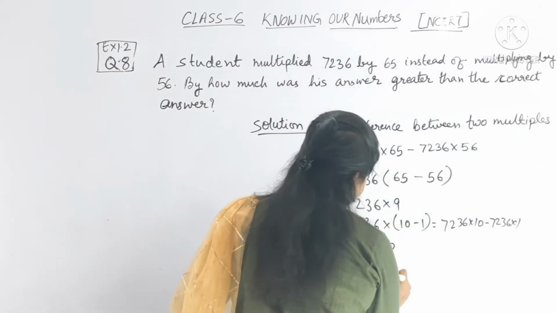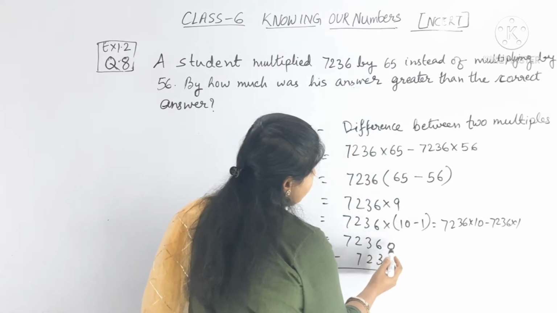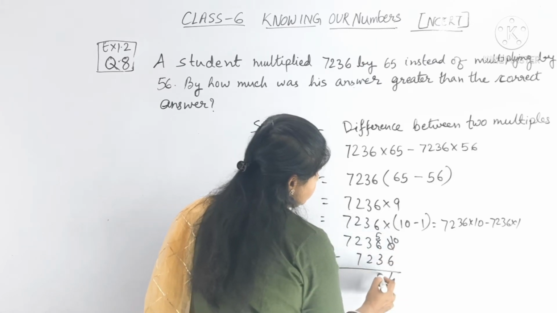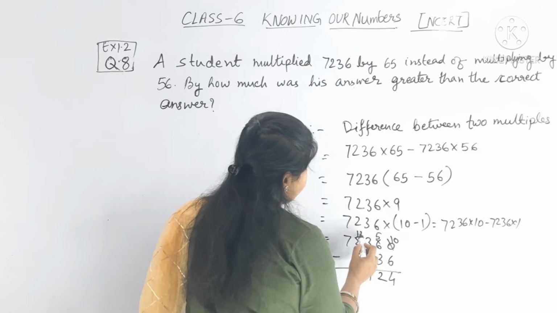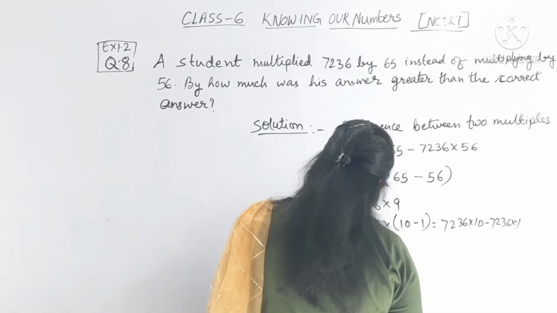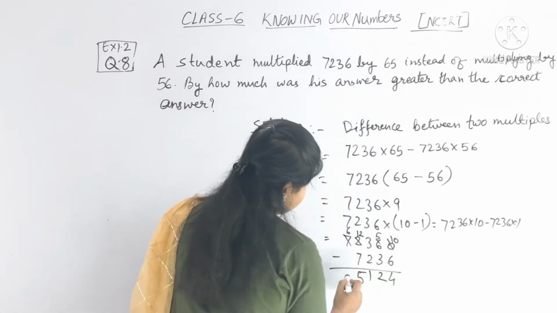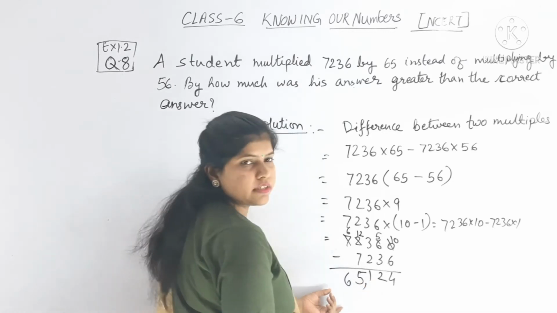Okay, so 10 minus 6 is 4. Then here we have taken borrow, so this is 5. 5 minus 3 is 2, and 3 minus 2 is 1. Here I am taking borrow from here, so 12 minus 7 is 5, here 6. So it is 65,124.